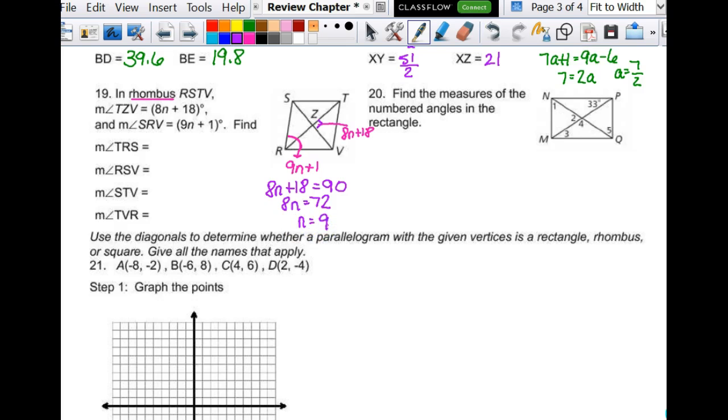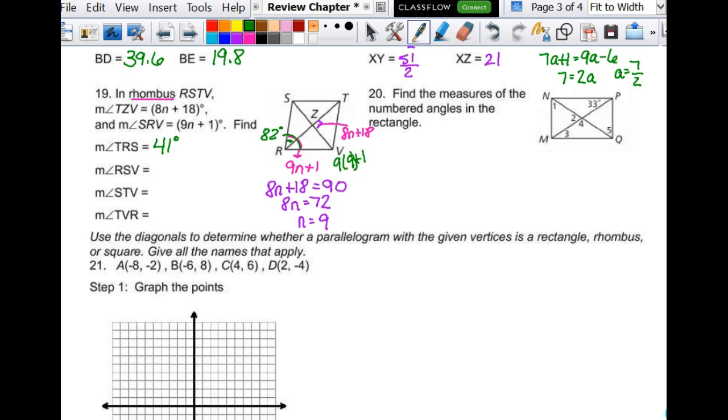So TRS, this angle right here, I guess I need to find this whole one right here first. So I'm going to take that 9 and I'm going to plug it in right here. So 9 times 9 plus 1, it's going to be 81 plus 1. So this whole angle right here is 82. So TRS, which is just this piece right here, is going to be 41 degrees, because if it's a rhombus, then the diagonals bisect opposite angles.